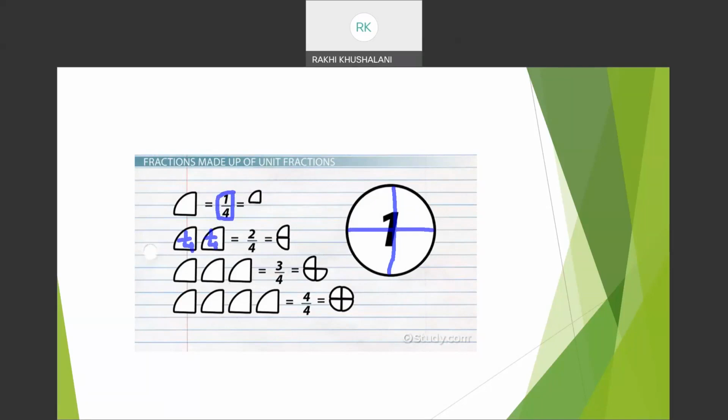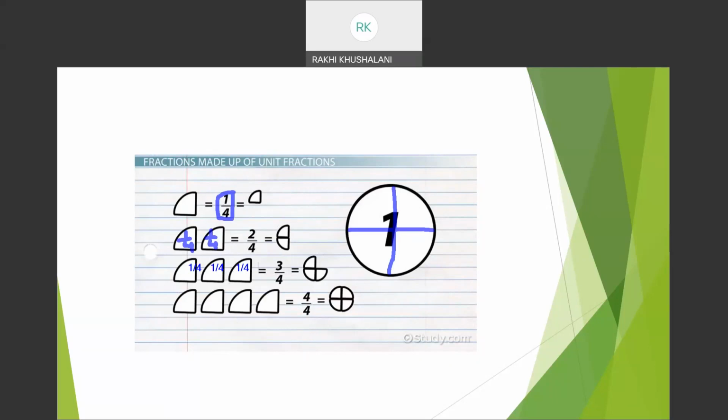I'm still taking unit fractions, 1 by 4. I picked a second unit fraction, 1 by 4. Again I took 1 by 4. All the denominators are the same. That means I took 3 pieces, 3 units. Out of 4, I took 3 units, so 3 by 4.